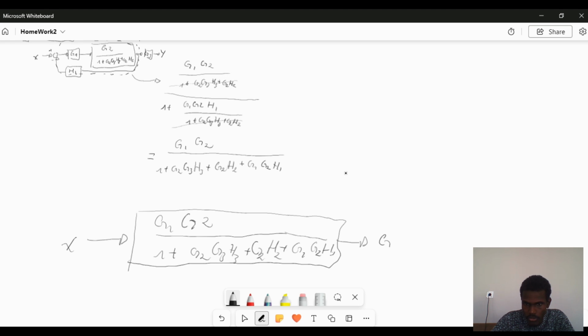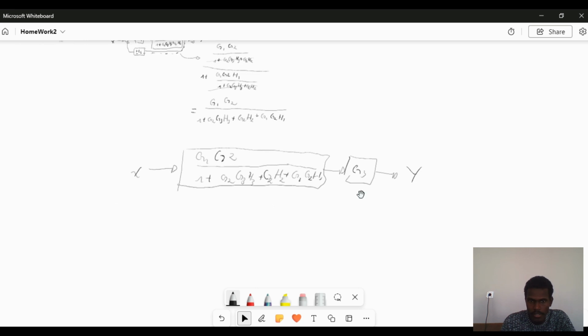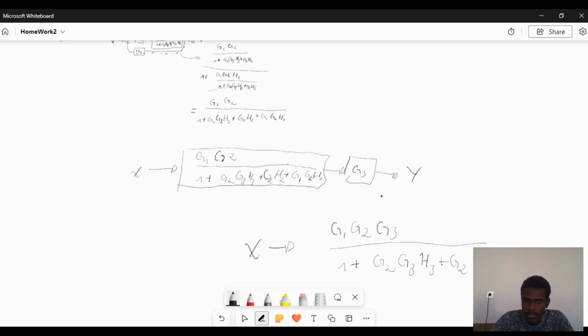And you continue, we have here G3, and here we have Y. As they are in series, we can multiply this with this one, and you can find here x is going to be G1 G2 G3 divided by 1 plus G2 G3 H3 plus G2 H2 plus G1 G2 H1.